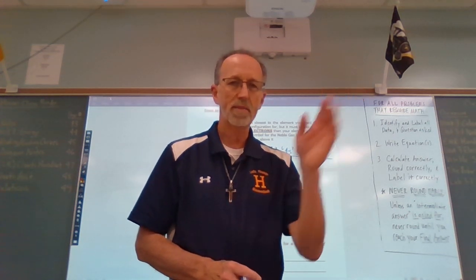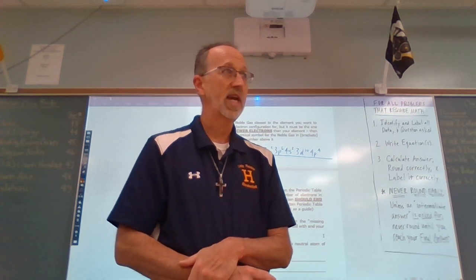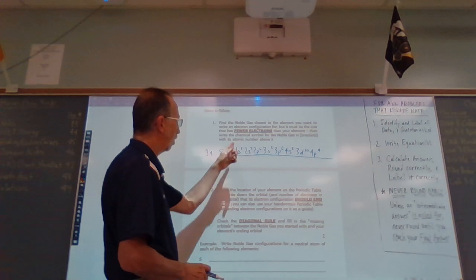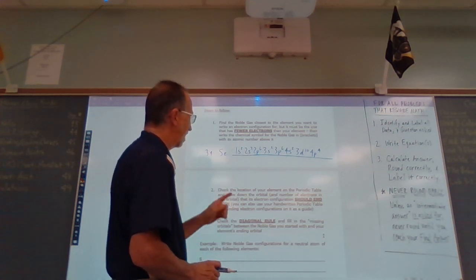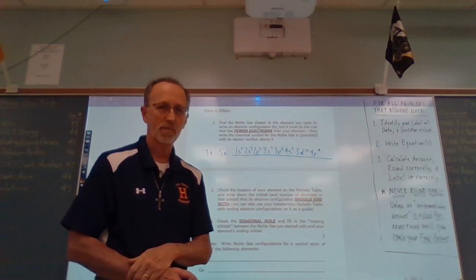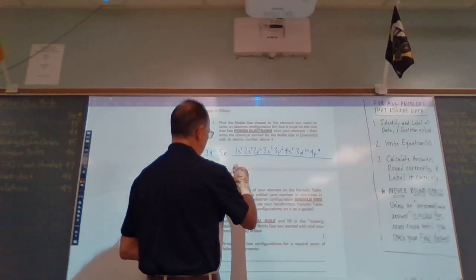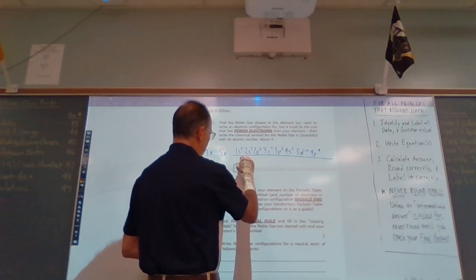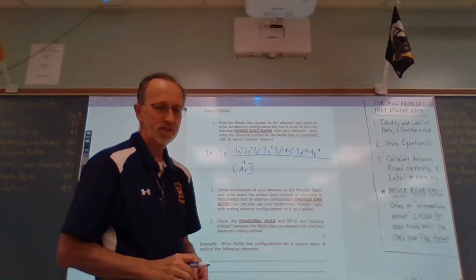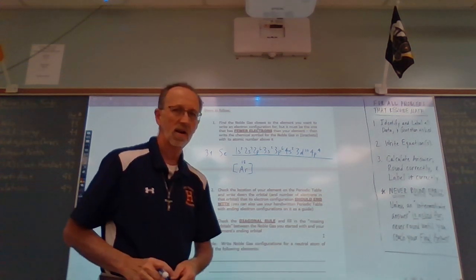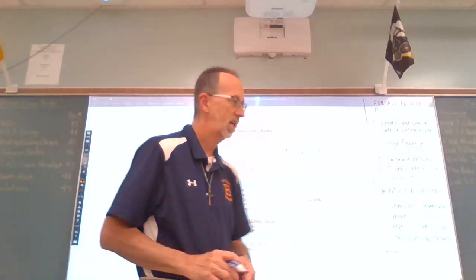So we have to go one back above that, in which case that would be argon. Write the chemical symbol for the noble gas in brackets with its atomic number above it. So this is argon, number 18.